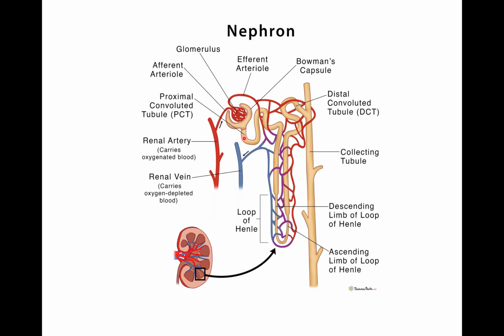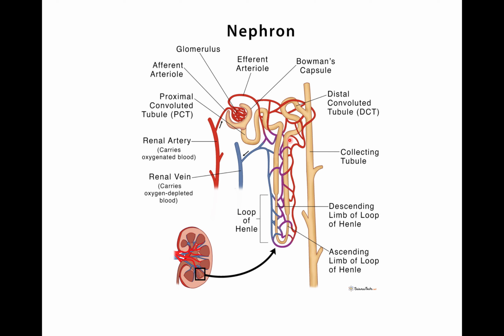Then second is a proximal convoluted tubule. Its short form is PCT. Then Henle's loop. This is the descending limb of Henle's loop, and this is the ascending limb of Henle's loop.